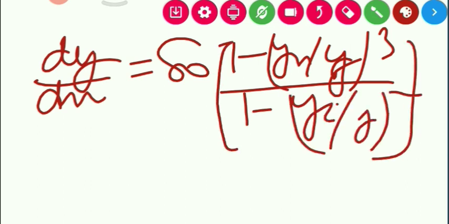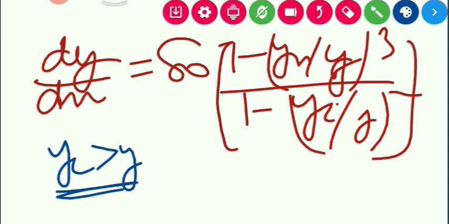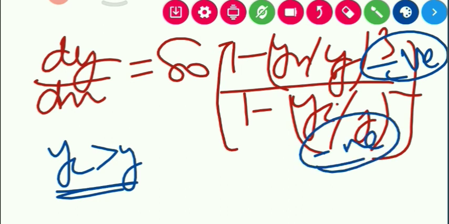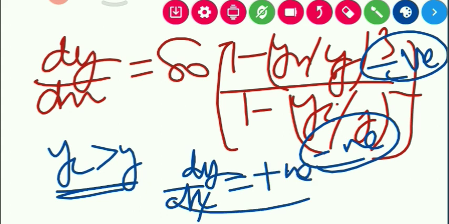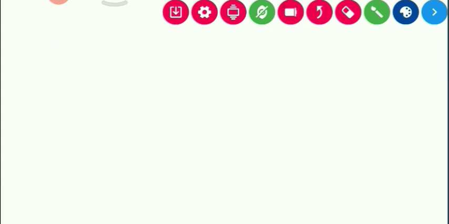Here y_c is greater than y, and y_n is greater than y_c, so the numerator term will be negative, and y_c is also greater than y, so the denominator term will also be negative. So overall dy/dx is positive. Negative by negative is positive, so the profile will be a rising profile.